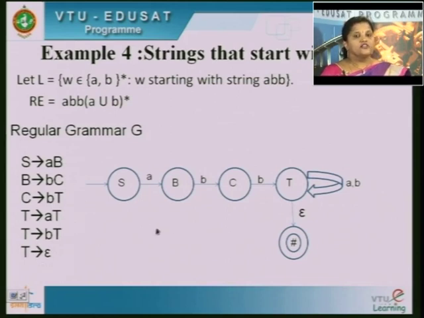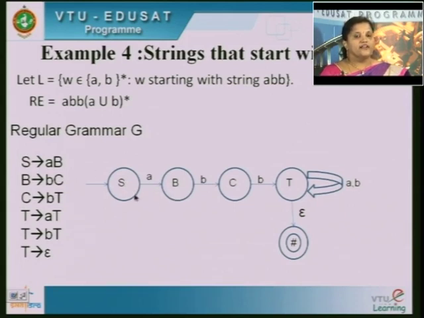Using these rules, you can construct the FSM. Okay. Here, as you observe, S, B, C, T, 4 states you can write, and then S derives AB is there.